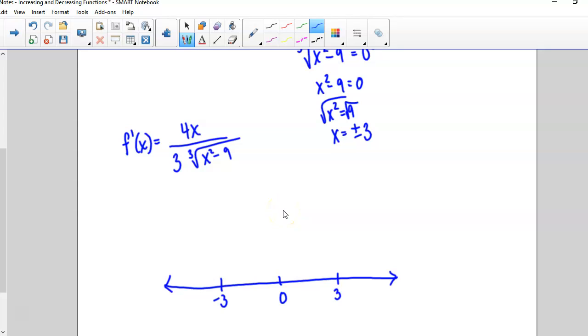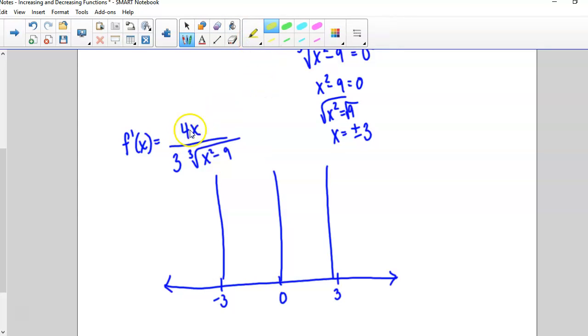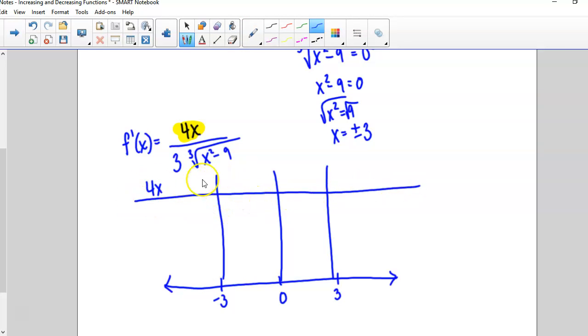This is what I do a little bit differently. I make myself a chart, and I take each piece of the derivative. The first piece I'm going to take is the 4x.